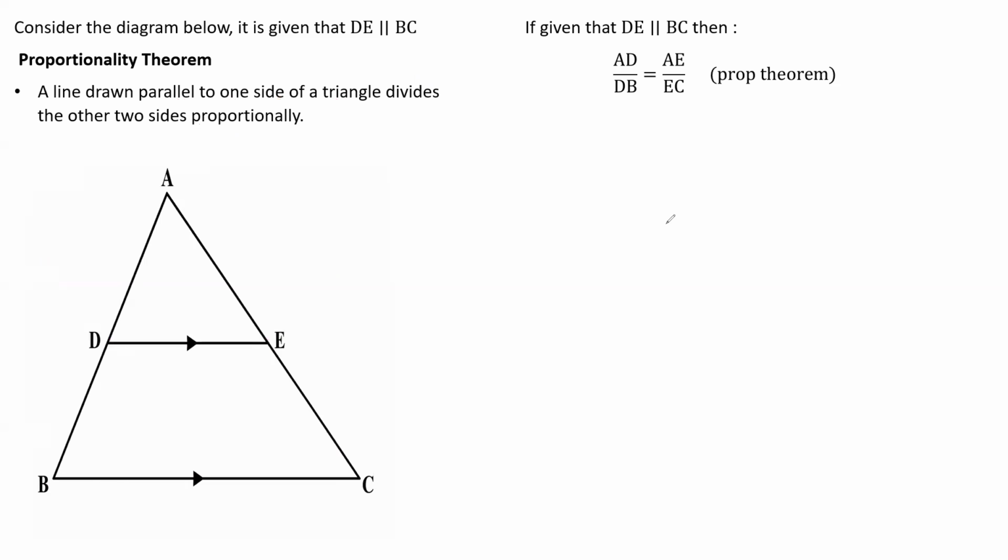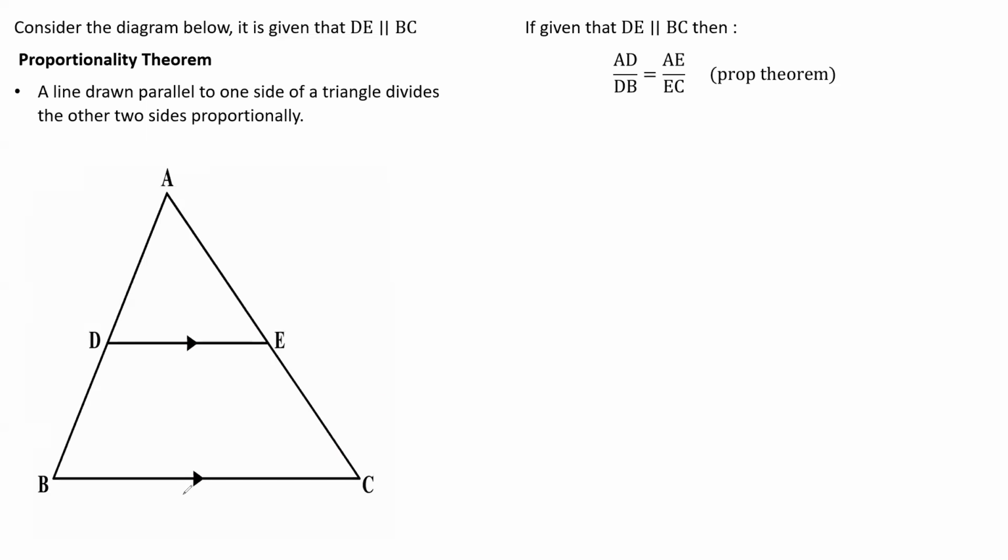What does that mean when you say you divide the other two sides proportionally? Follow my line of thinking. It means to me AD divided by DB, this side where there is point D, is equal to AE divided by EC, this side where there is point E. Say that again.